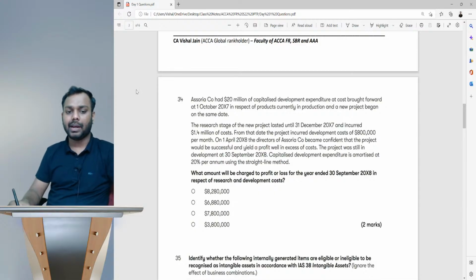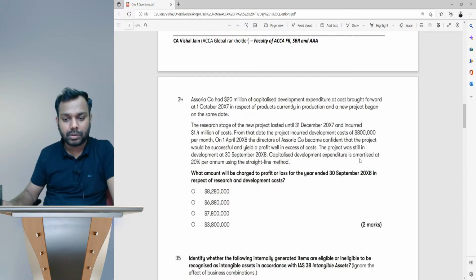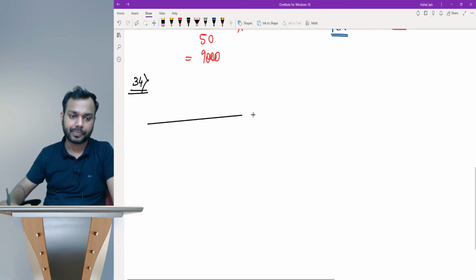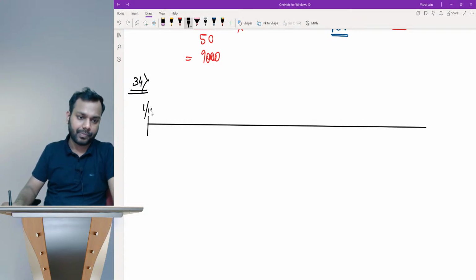Asoria company had $20 million of capitalized development expenditure at cost brought forward at 1st October 2007 in respect of products currently in production, and a new project began on the same date. Okay, let me first draw the chart for that. 1st October X7 and 30th September 2008.